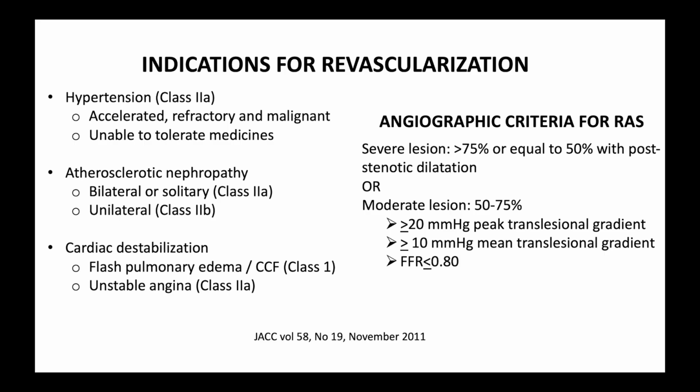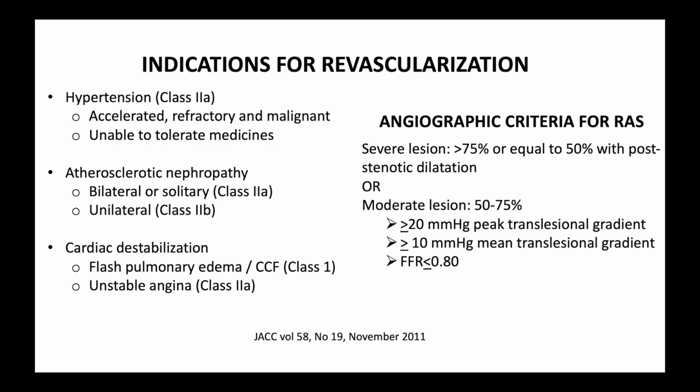These are the main indications. What is the angiographic criteria to say that this renal artery stenosis is significant? So it's either more than 75% stenosis or a stenosis around 50% with post-stenotic dilatation.